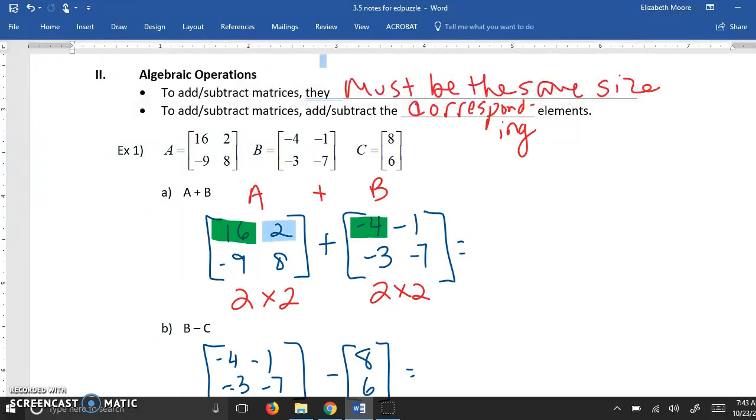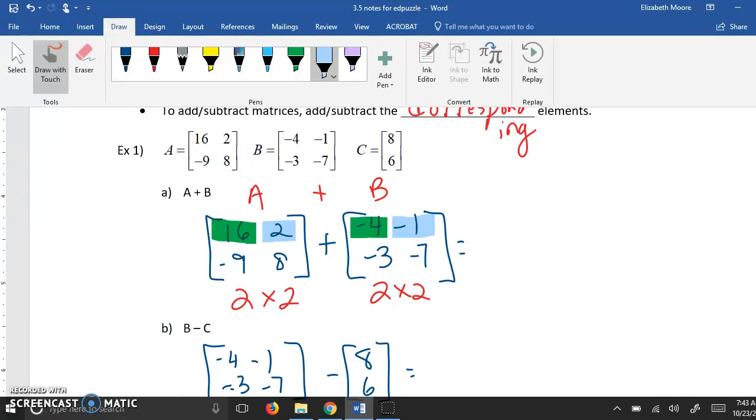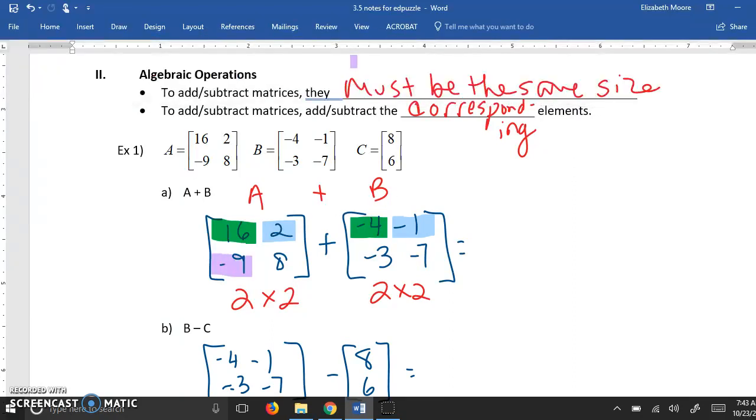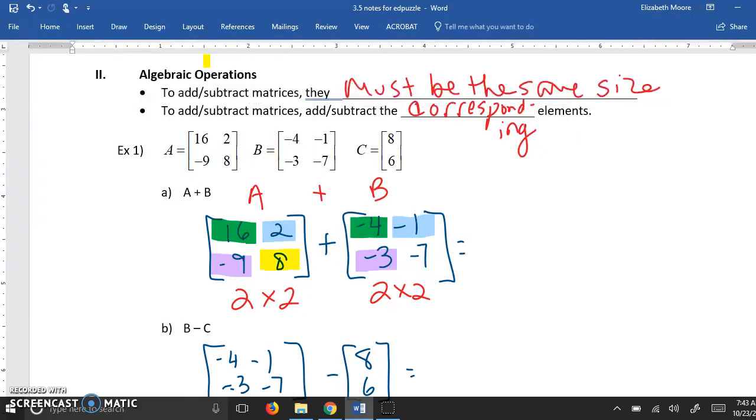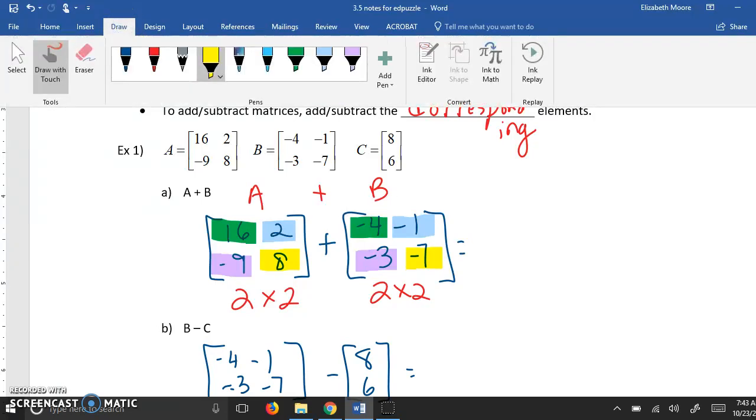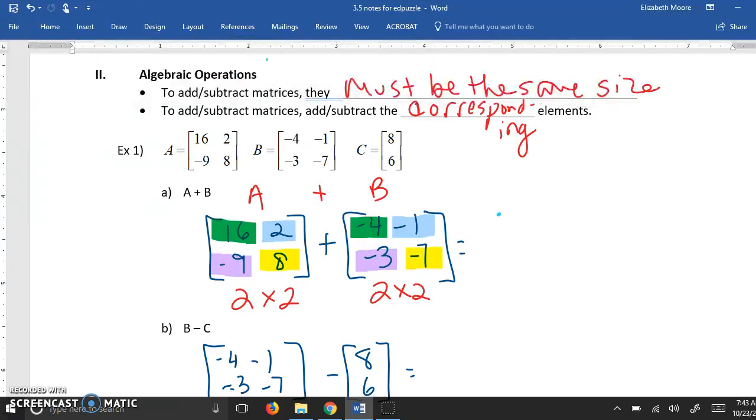Then I have row 1, column 2 is 2, and I will add that with row 1, column 2. Those correspond together. Then I have row 2, column 1, and row 2, column 1. Those correspond. And lastly, we have row 2, column 2, and row 2, column 2. Those correspond as well. So now let's go ahead and add these together.